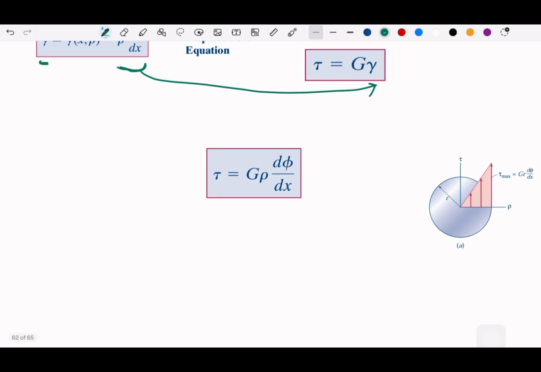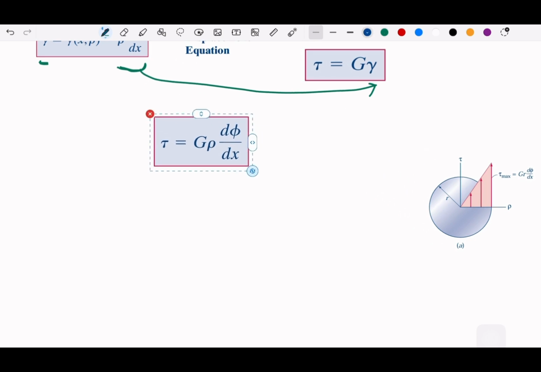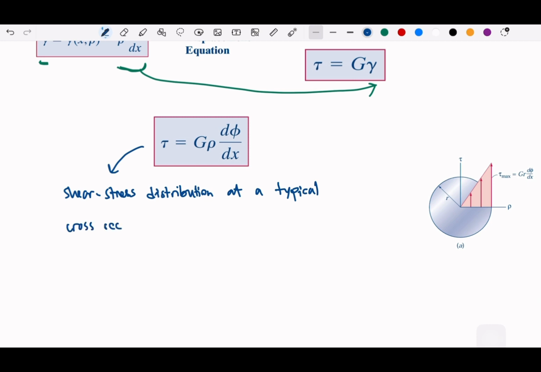So this gives you a general description of the shear stress distribution at a typical cross section of a linearly elastic bar. Remember, in these topics, we are going to have a linear elastic behavior.